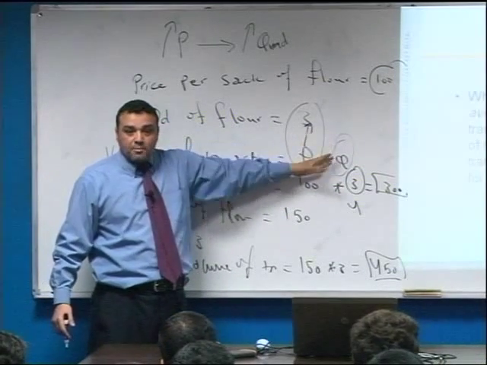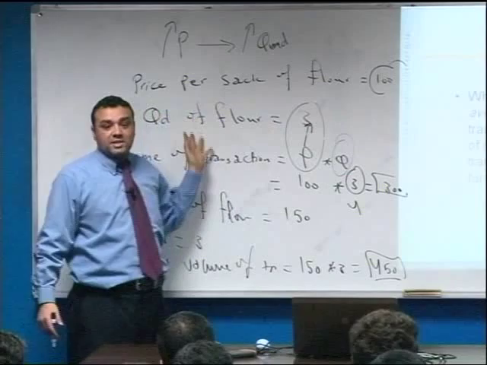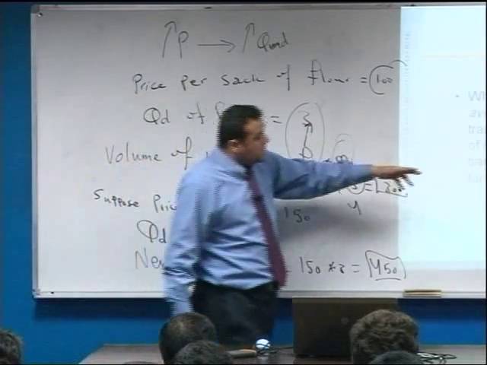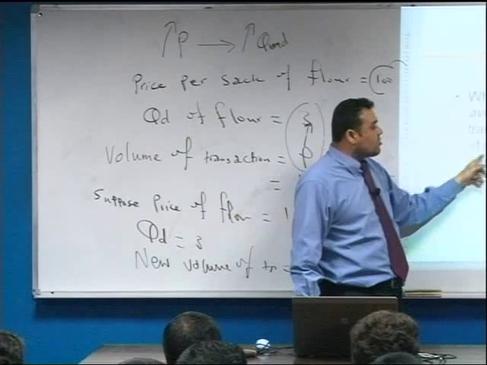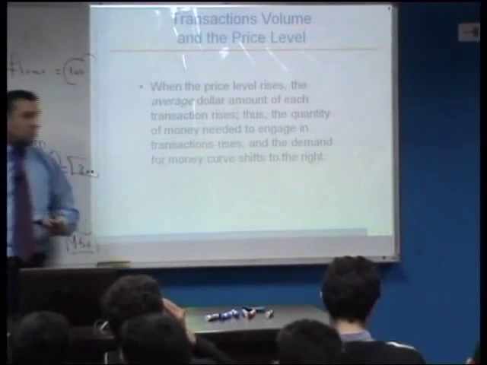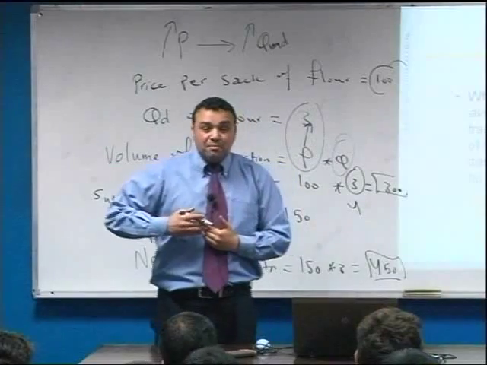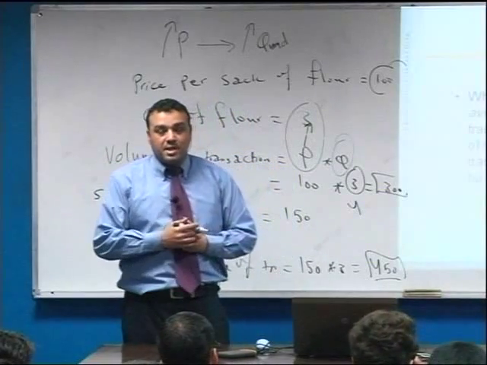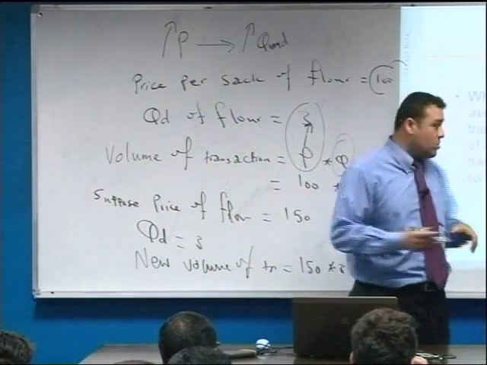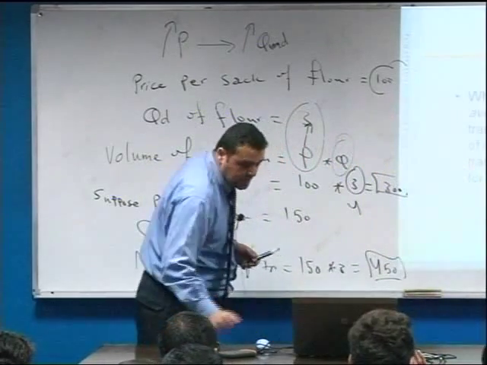Yes, as you see, the prices went up and therefore the volume of transaction increased. Right? Which means the quantity of money demanded, the money needed to engage in transactions, would rise. So the demand for money would increase, or the money demand curve will shift to the right. The same idea.